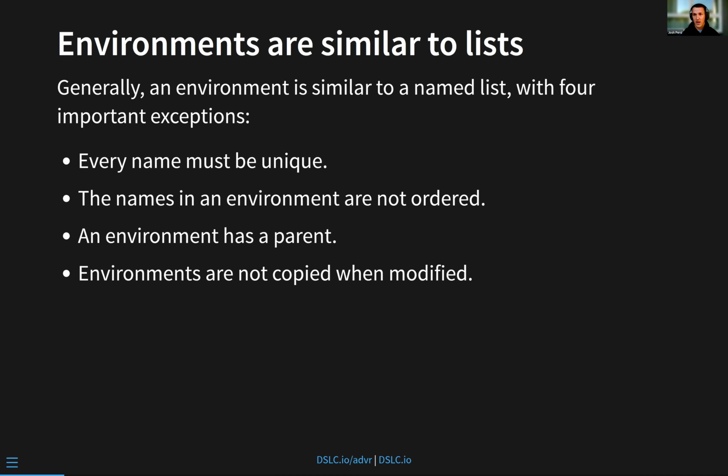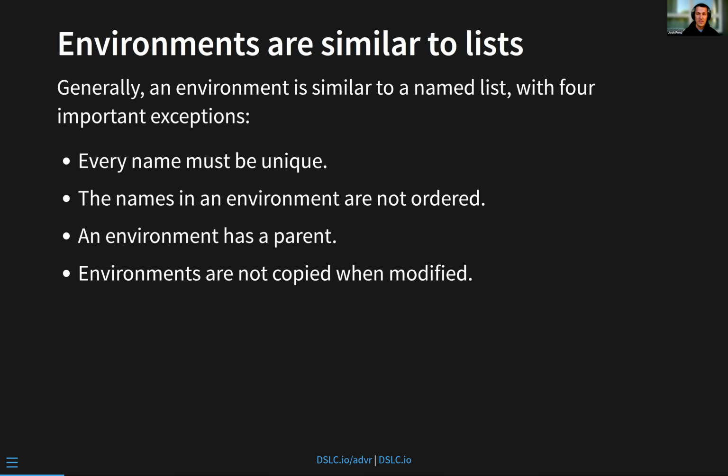The names in an environment are not inherently ordered with an integer index, if that's the right way to put it. Whereas a list does have an inherent integer order, and that allows for certain things like integer subsetting. We'll touch on that a bit later. An environment has a parent in almost every case except for one.